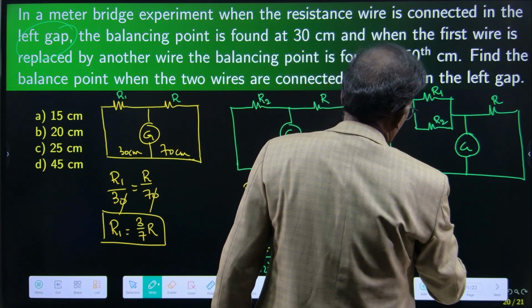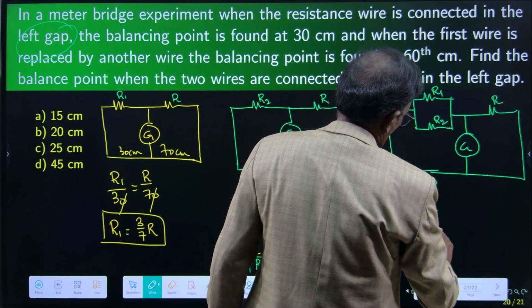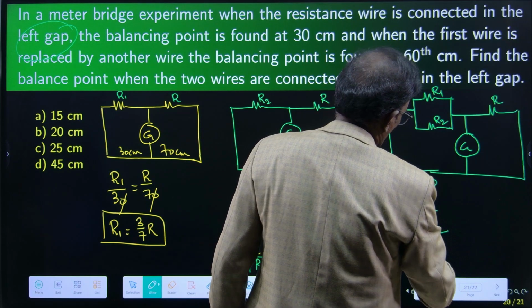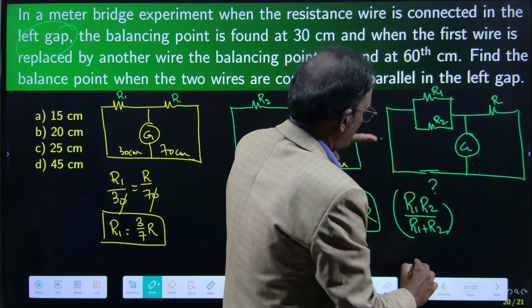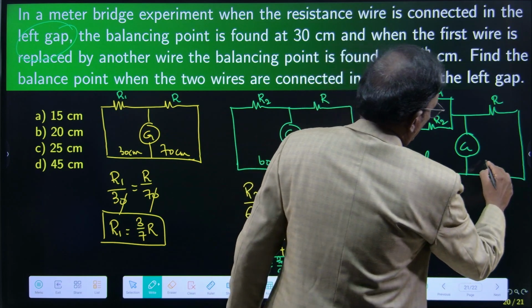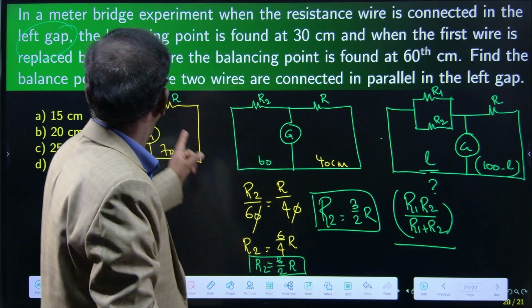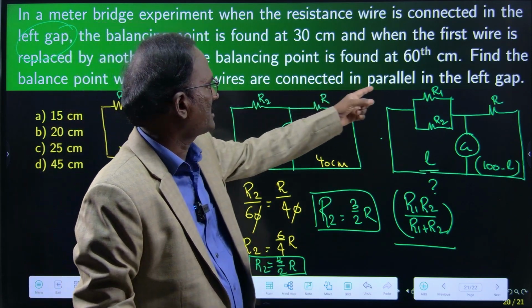Here R1 R2 divided by R1 plus R2 is the resistance on this side, with length L, and this must be 100 minus L. L is in question, the balance point when the two wires are connected in parallel.